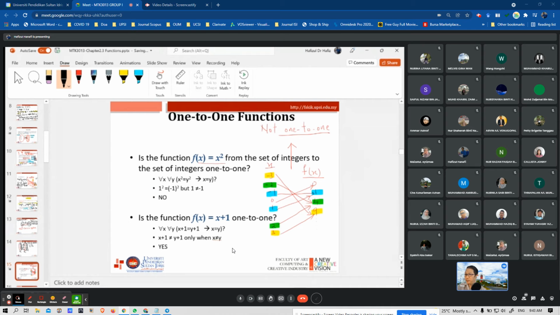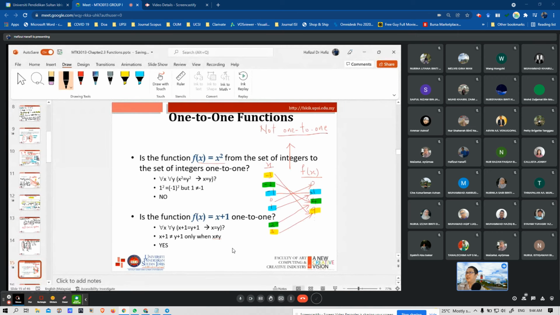And then one-to-one function: the function f(x) equal to x squared from the set of integers. We need to prove it. We have for all x, for all y, x squared is equal to y squared implies x equal to y.